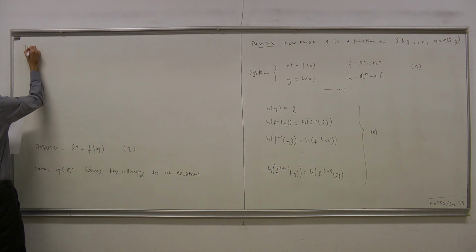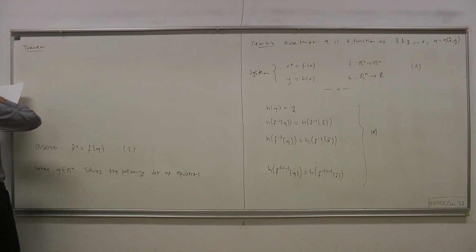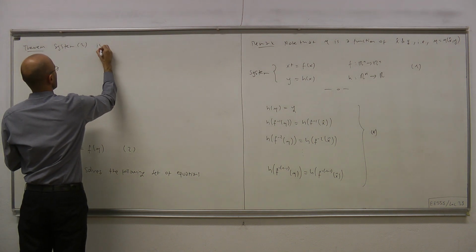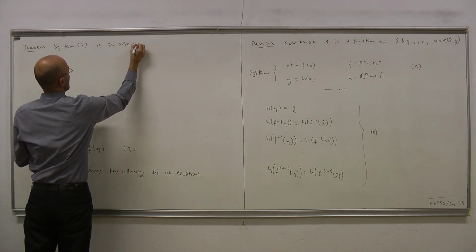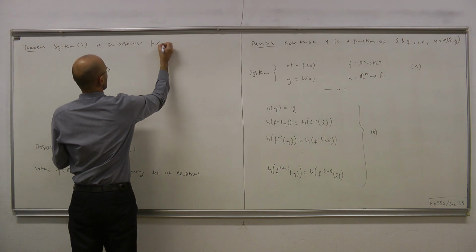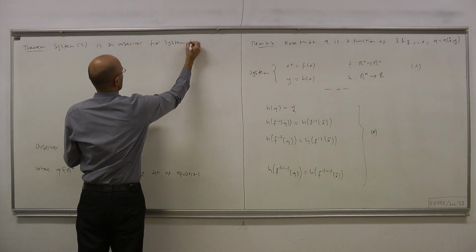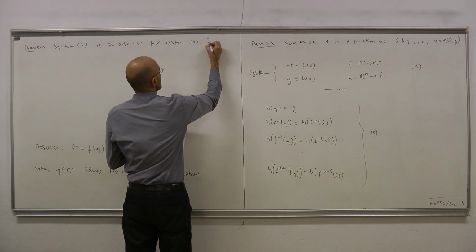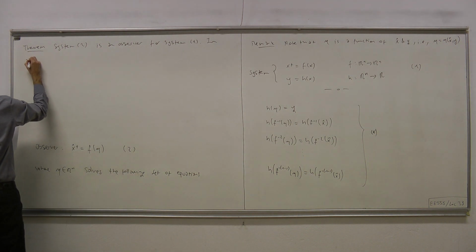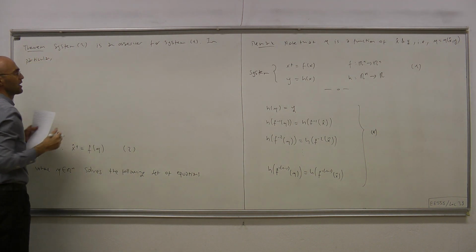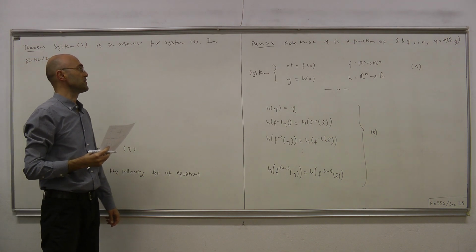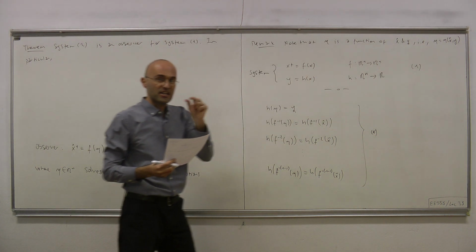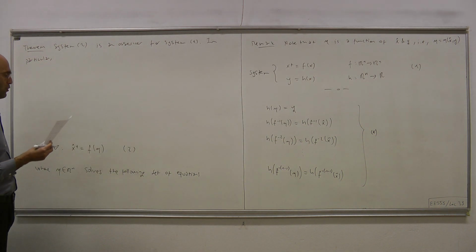Now, here is Glad's theorem. System 2 is an observer for the given system, system 1. In particular, it is a deadbeat observer in the sense that the convergence of x hat to x is exact in a finite number of steps.